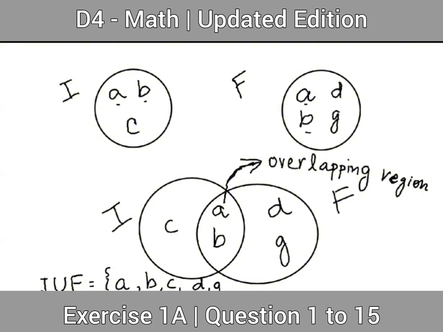And for I intersection F, you just have to write down the elements which you can see in the overlapping region. So we have concluded that if you have drawn the Venn diagram correctly, then you can easily find the union and intersection of the given sets.